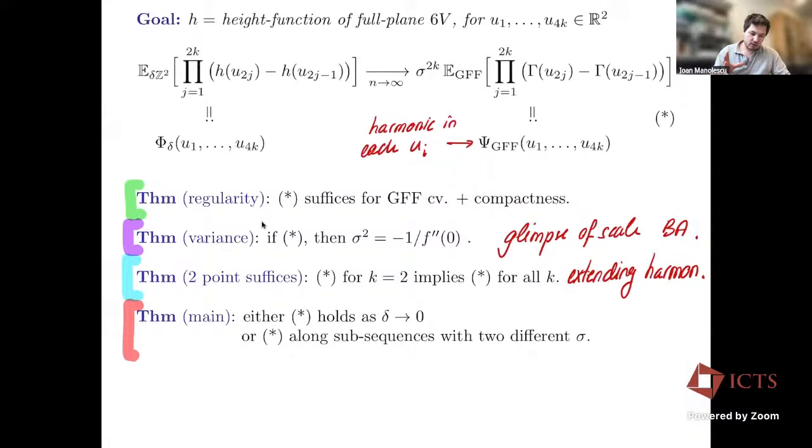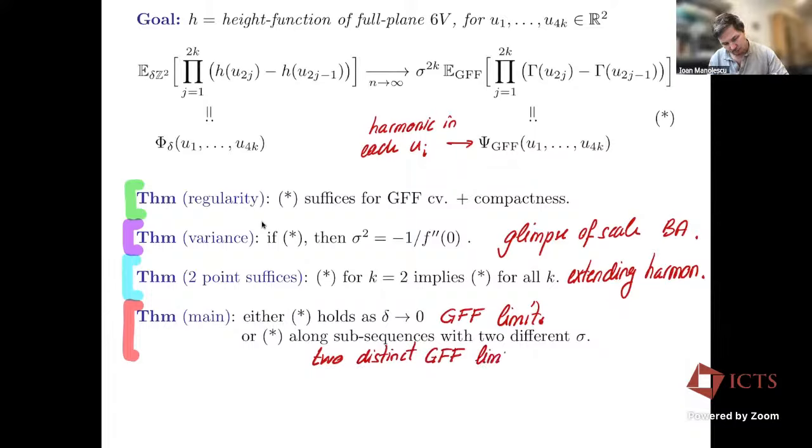It tells you that for k equals 1, so for the 2-point function, you either have a GFF limit, or if not, then you have subsequential limits, maybe some GFF, maybe some not GFF, but you have at least two distinct GFF limits, I mean with different variances.